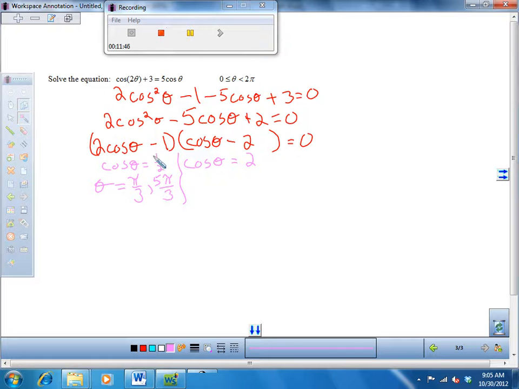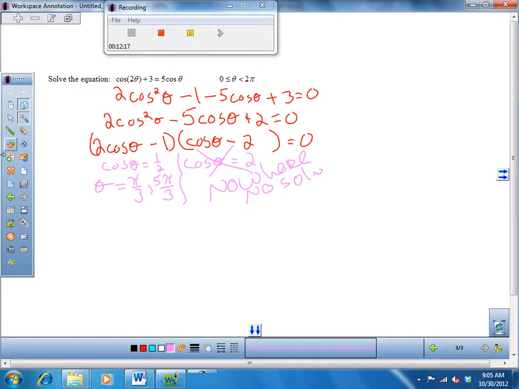Those are the 2 places where cosine is 1/2. And cosine of theta equals 2 where? Nowhere, because remember that cosine and sine can never be bigger than 1 or less than negative 1. So this part has no solution. And that's how you do that one.